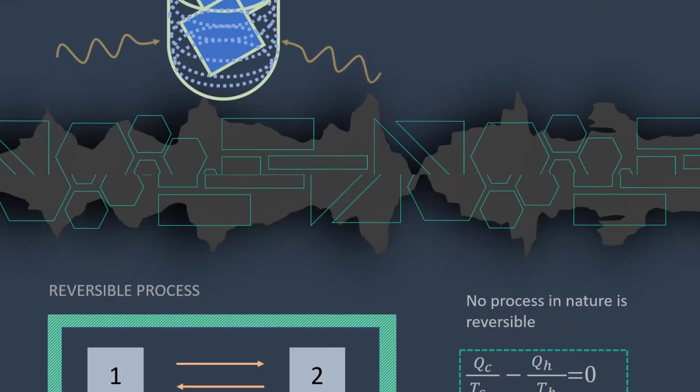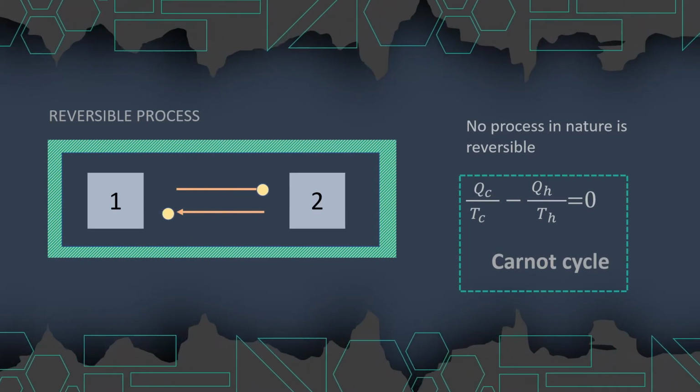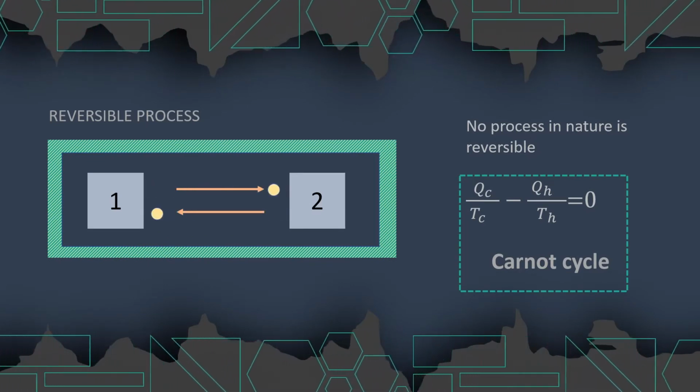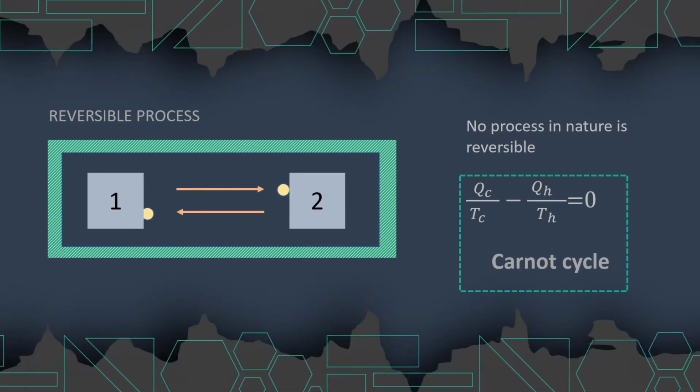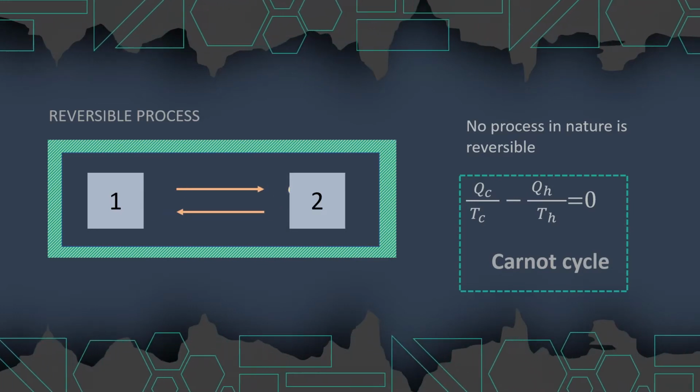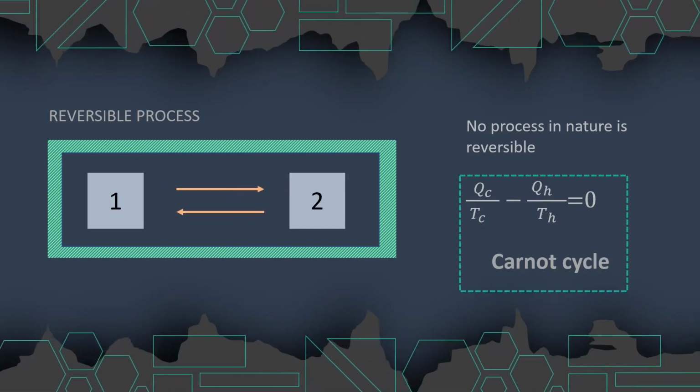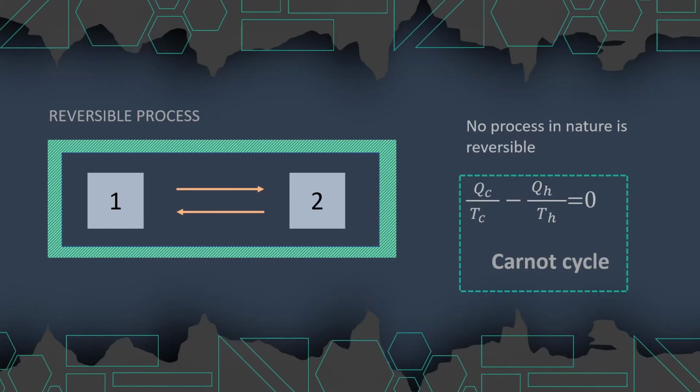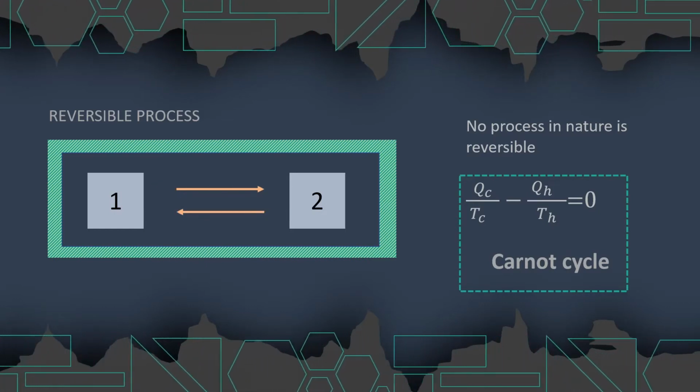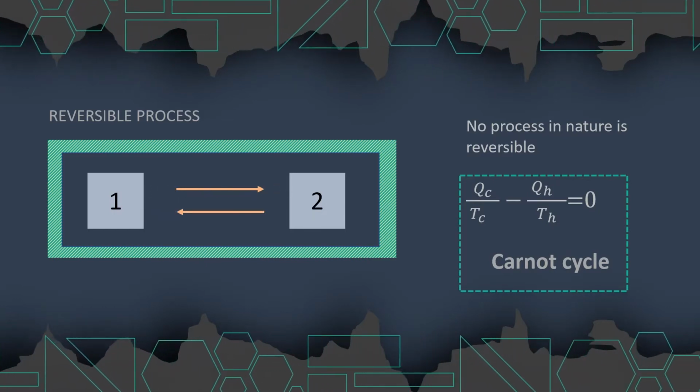For a reversible process, the change in entropy is always zero. You may ask why. The change in entropy was proved to be mathematically zero using the Carnot engine. You can see the proof if you want. I will leave a link in the description. But intuitively, consider a cyclic process.